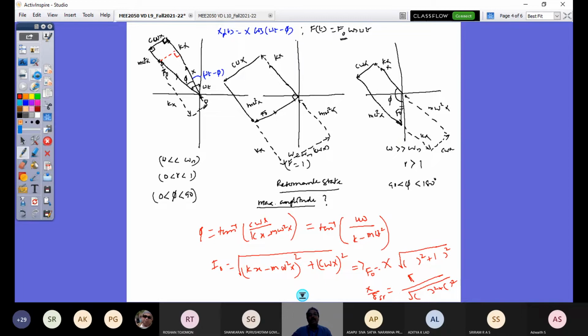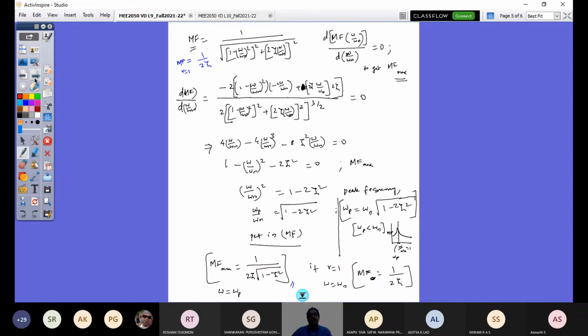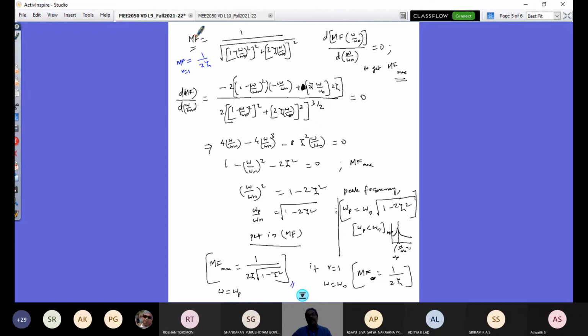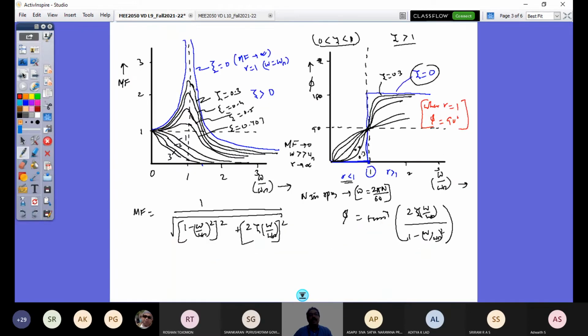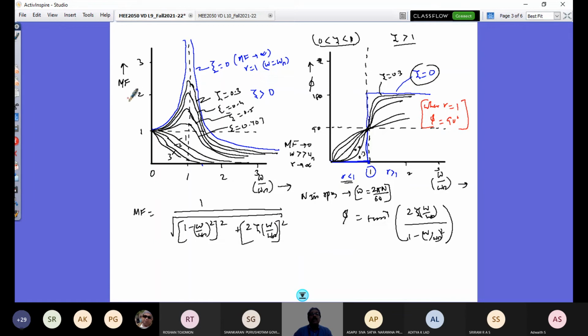And finally, we were looking at, importantly, what is the maximum value of this magnification factor, right? So you can see clearly from the characteristics of this variation of MF with frequency ratio, this peak value is not exactly equal to 1.